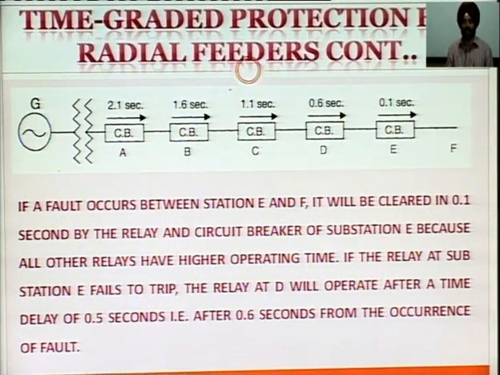So all relays having higher operating time act as backup if the relay at substation E fails to trip. So now these are all the defense protection. In the same way that we use defense lines at our borders, let us for example say we have a border at Wagah. We have one defense line at Wagah border.